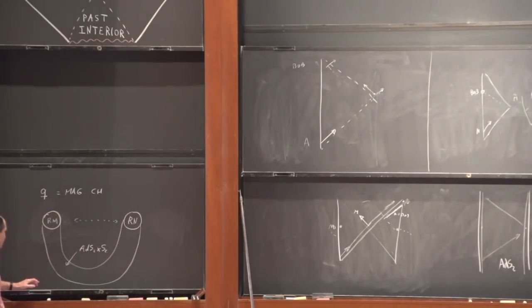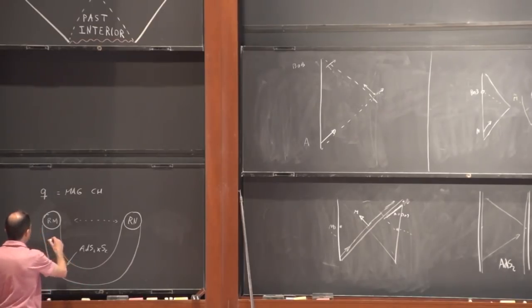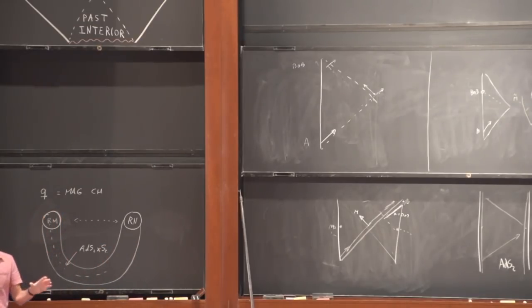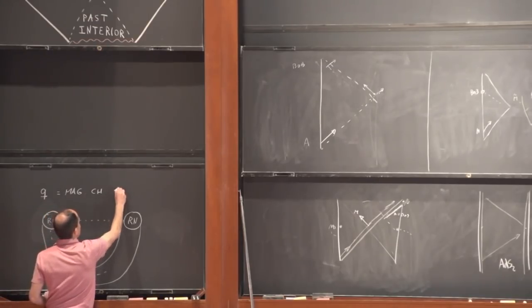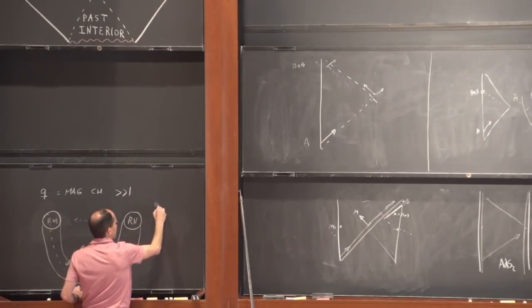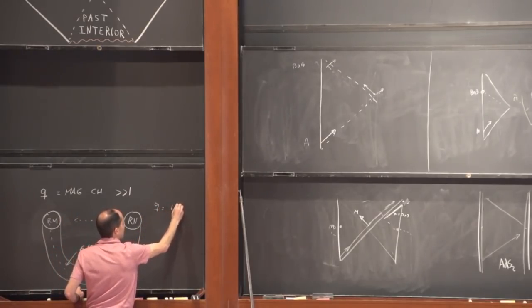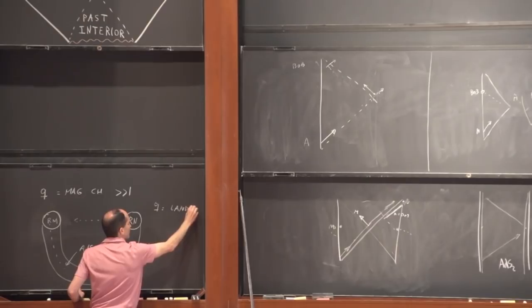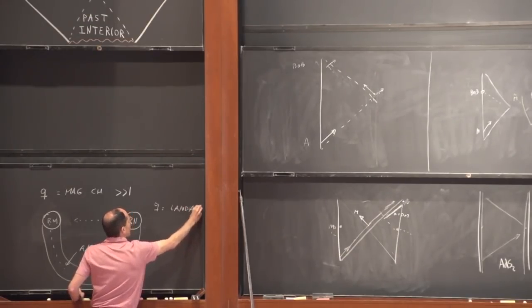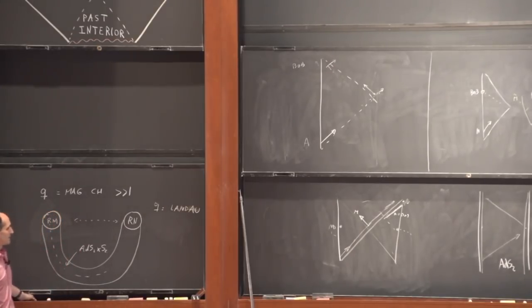So if you have a magnetic field and you have a fermion that is charged under the magnetic field, on this S2 you'll have some Landau levels. And the interesting thing is that this Q is a magnetic charge which is an integer much bigger than 1. And Q is also the degeneracy of the lowest Landau level on the sphere.